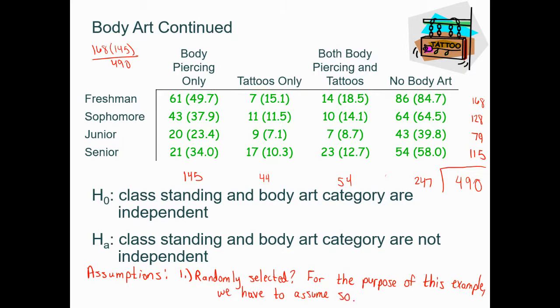Really, it's not random. If it states that they are not randomly selected, then we would not be able to run a hypothesis test about the populations.